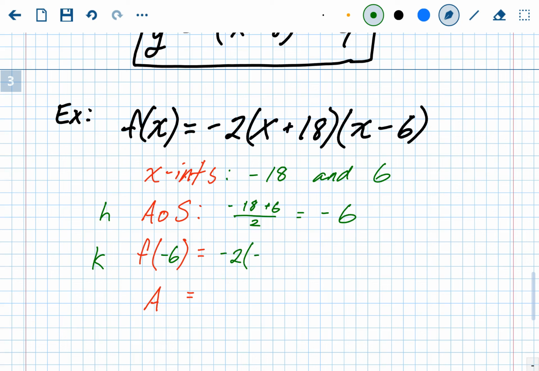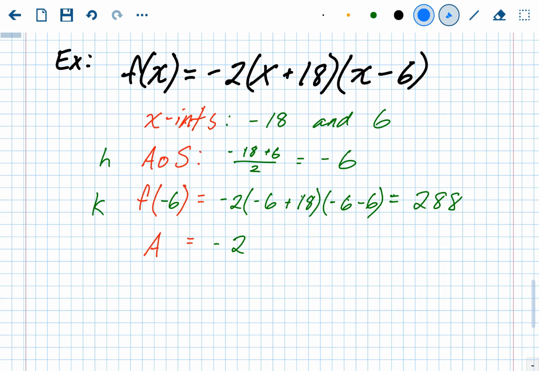Negative 2 times negative 6 plus 18 times negative 6 minus 6. That's going to be a big number. It's 12,288. And then the a value is always in front, which is negative 2.